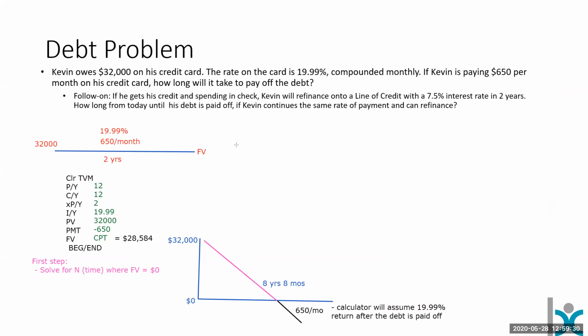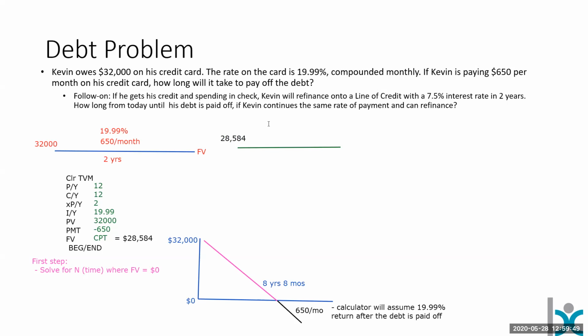Draw a line. And I don't want to lose sight of that, right? In fact, I could have drawn both lines to start. Okay. So we're going to put in our present value here at 28,584.